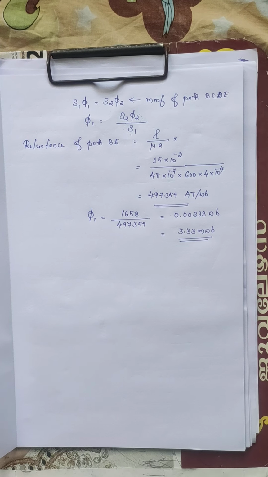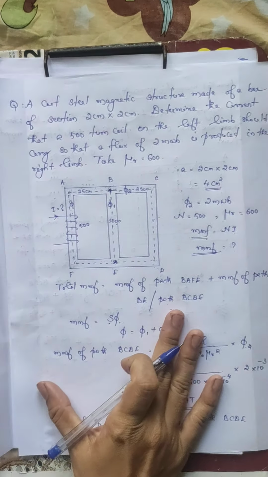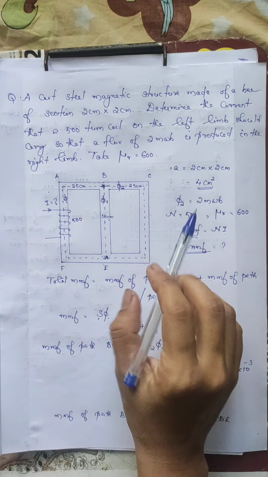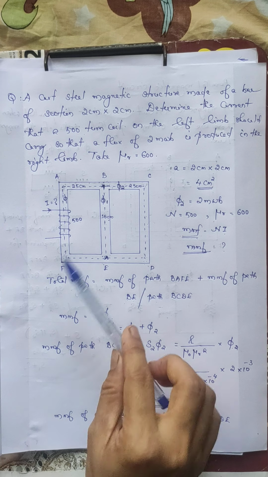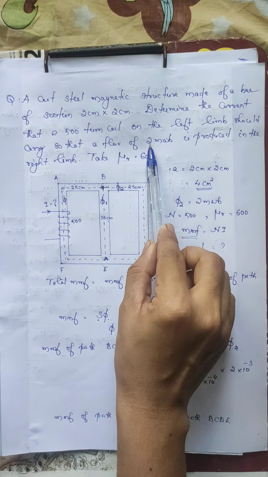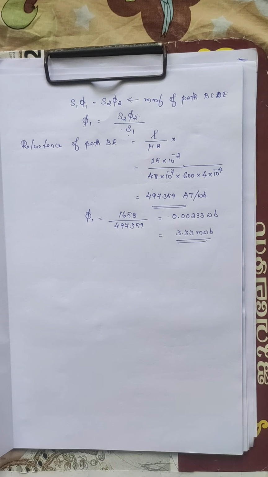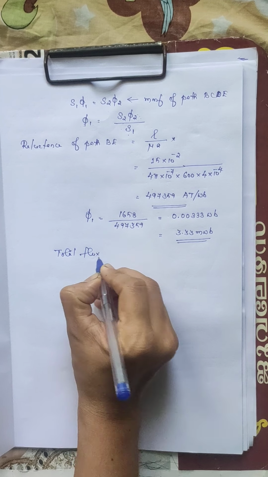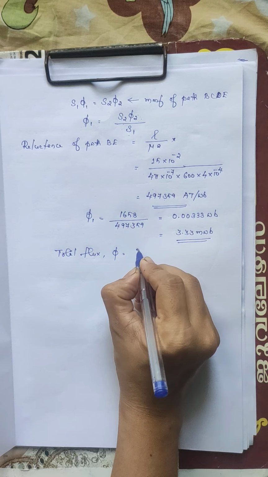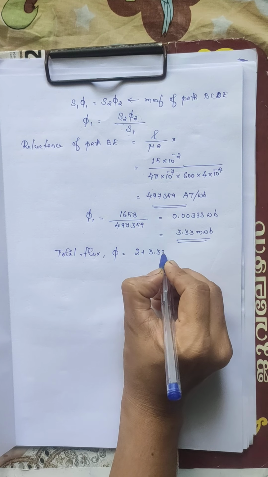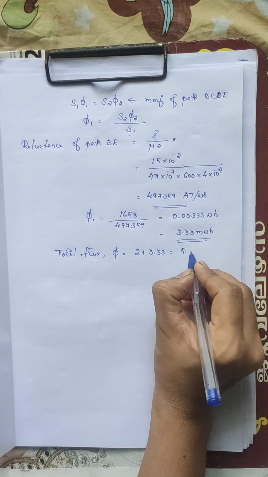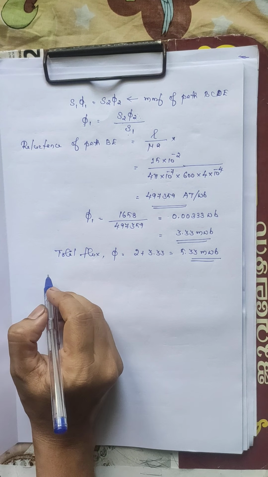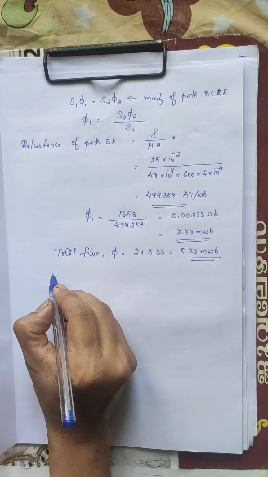So we got phi 1 and phi 2, and we know that the total flux phi is equal to phi 1 plus phi 2. Phi 1 is 3.33 milliweber, and phi 2 is given as 2 milliwebers. So the total flux phi is equal to 2 plus 3.33, which is 5.33 milliwebers.